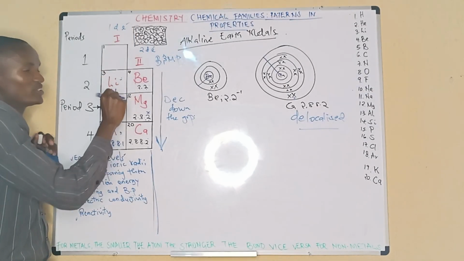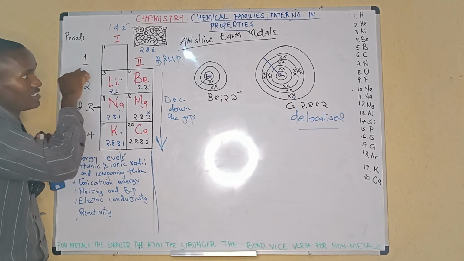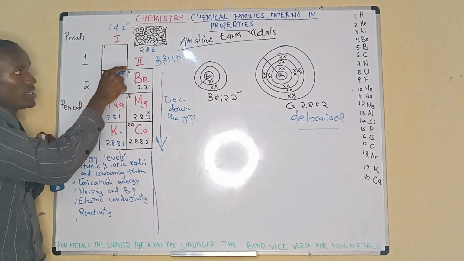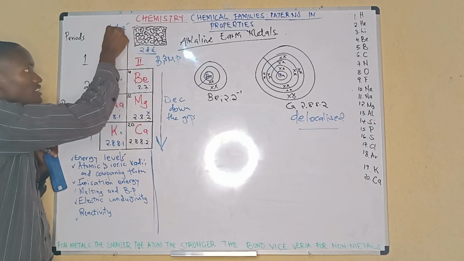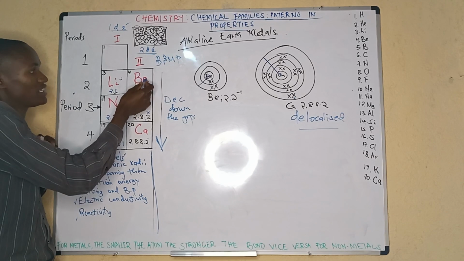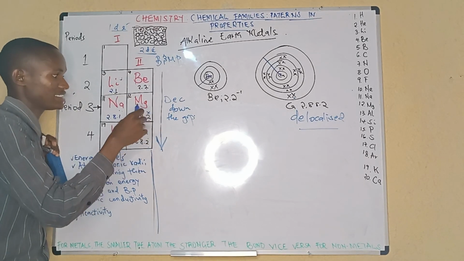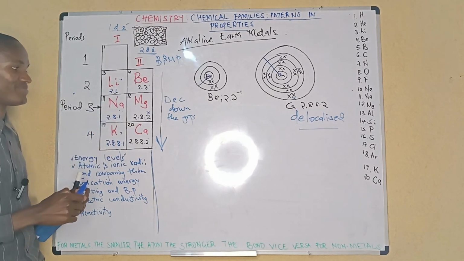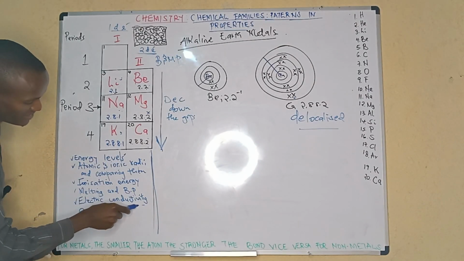Which ones are good conductors? The more the number of delocalized electrons, the better the conductor that metal is. So magnesium, calcium, and beryllium conduct electricity better than lithium, sodium, and potassium. That is electrical conductivity.